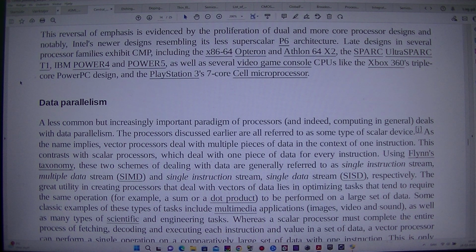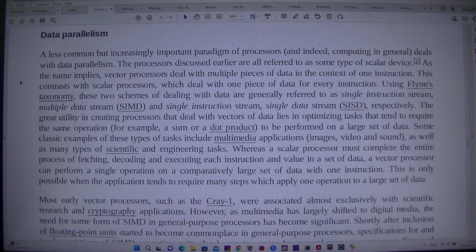Data parallelism. A less common but increasingly important paradigm of processors, and indeed computing in general, deals with data parallelism. The processors discussed earlier are all referred to as some type of scalar device. Vector processors, as the name implies, deal with multiple pieces of data in the context of one instruction.